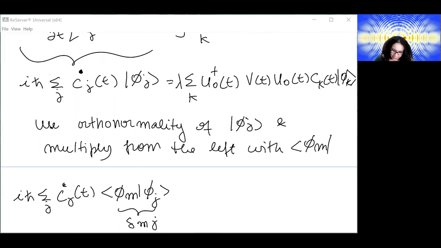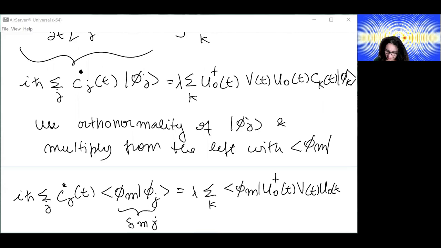And here we're going to have equals lambda sum over k phi_m U0 dagger(t) V(t) U0(t). I can even keep this here. Let me make space. c_k(t) phi_m, and here I have phi_k.